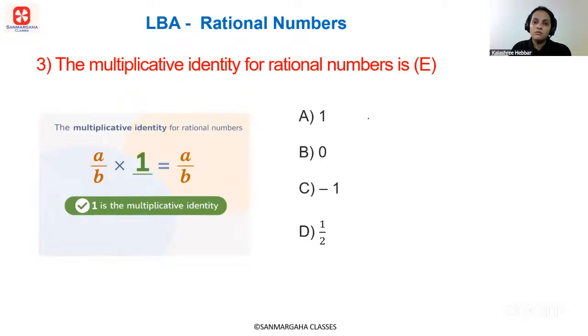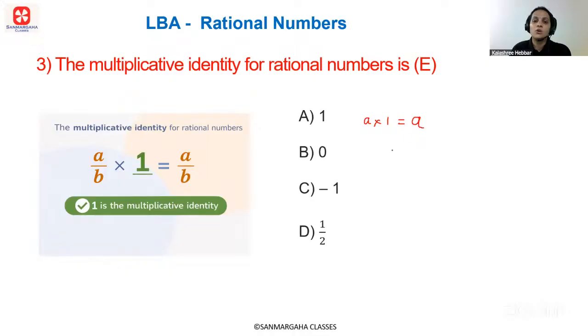For any rational number a, if you multiply 1 to that number, you get the answer as a. By multiplying 1 to any number, its value is not changing.